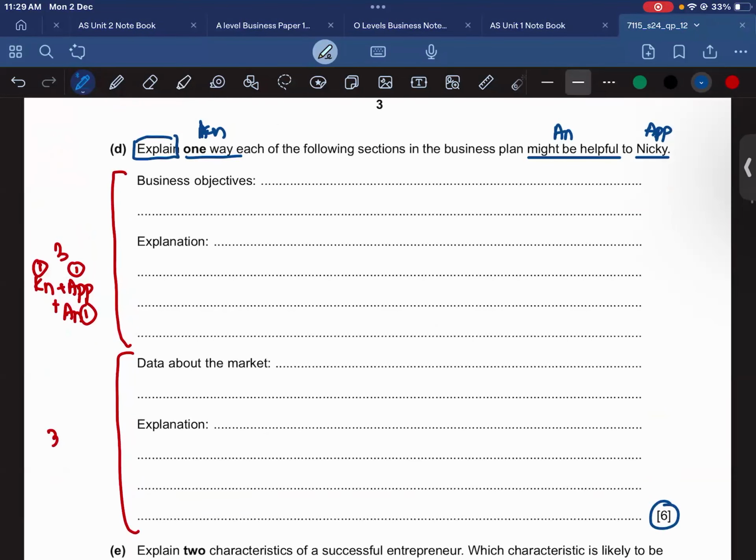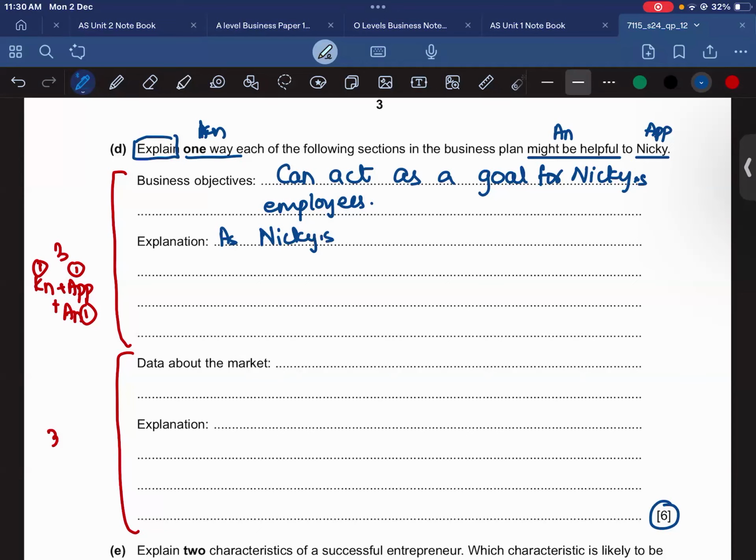So how can these business objectives be helpful? So you can write that it can act as a goal for Nikki's employees as Nikki has started a travel business.